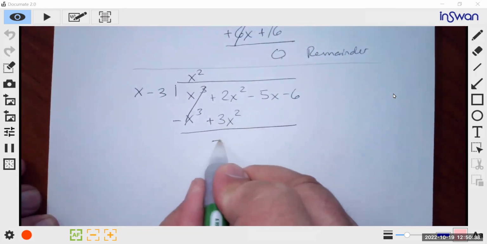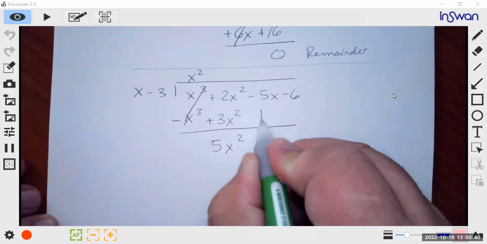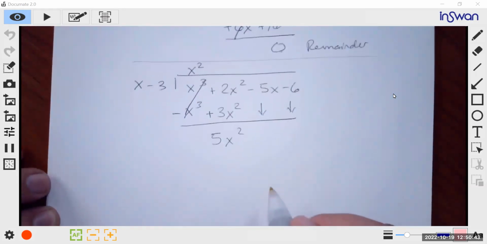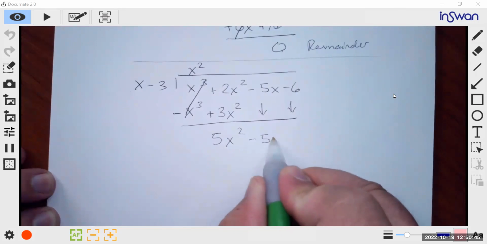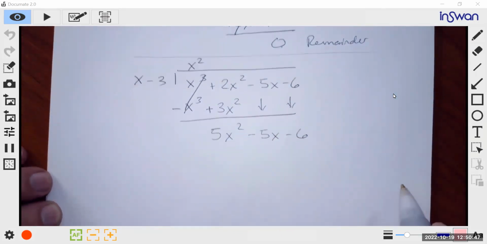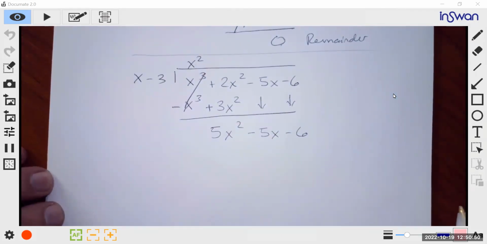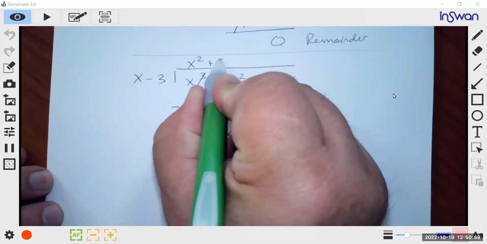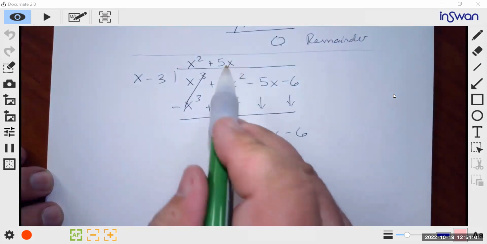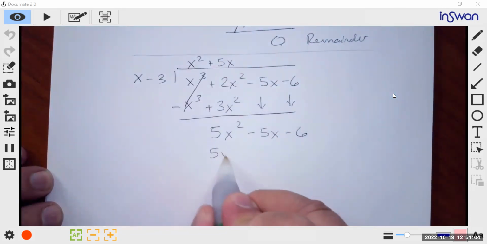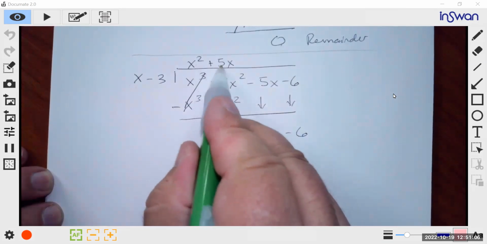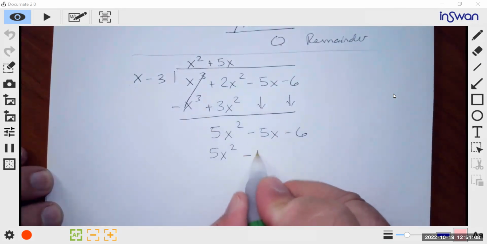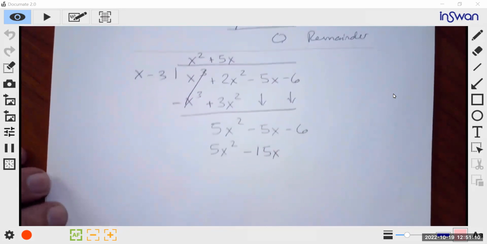Positive 2, positive 3 is positive 5x squared, and bring down everything else. What times x gives me 5x squared? Positive 5x. So 5x times x is positive 5x squared. Positive 5 times negative 3 is negative 15x.